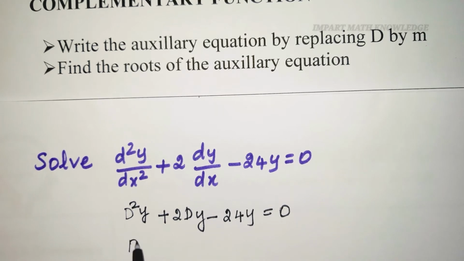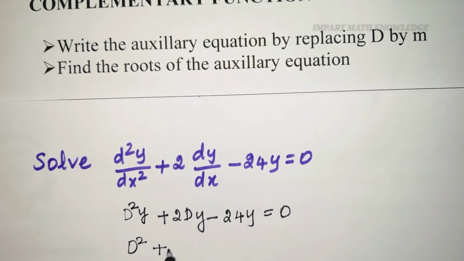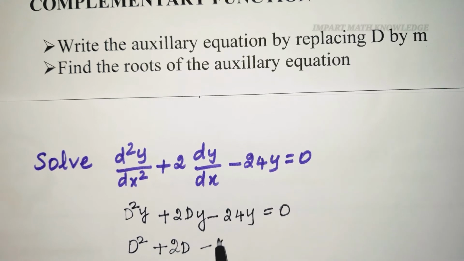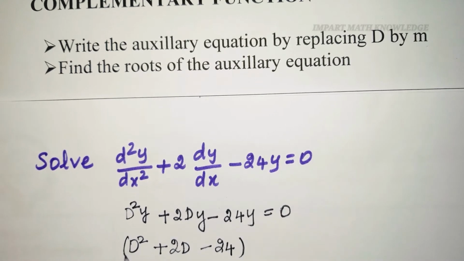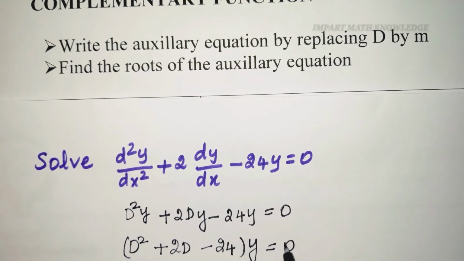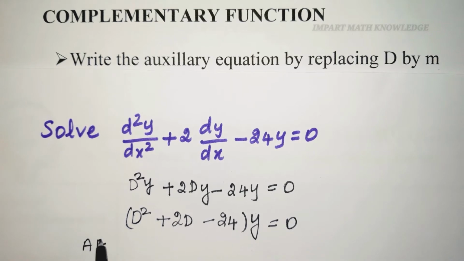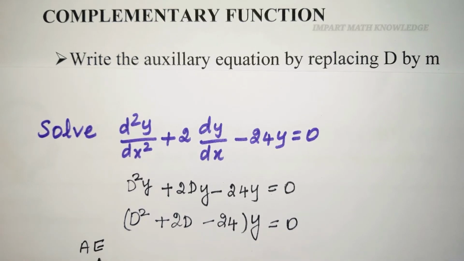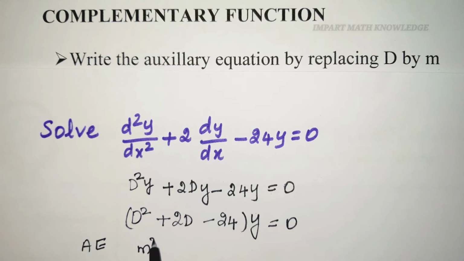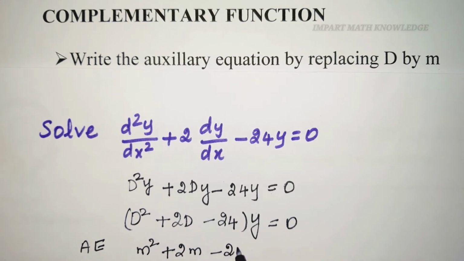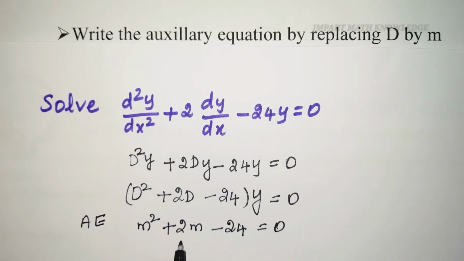Again, we can write this as d square plus 2d minus 24 into y is equal to 0. Next step, we have to write the auxiliary equation. The auxiliary equation is m square plus 2m minus 24 is equal to 0. Now find the roots of the auxiliary equation.